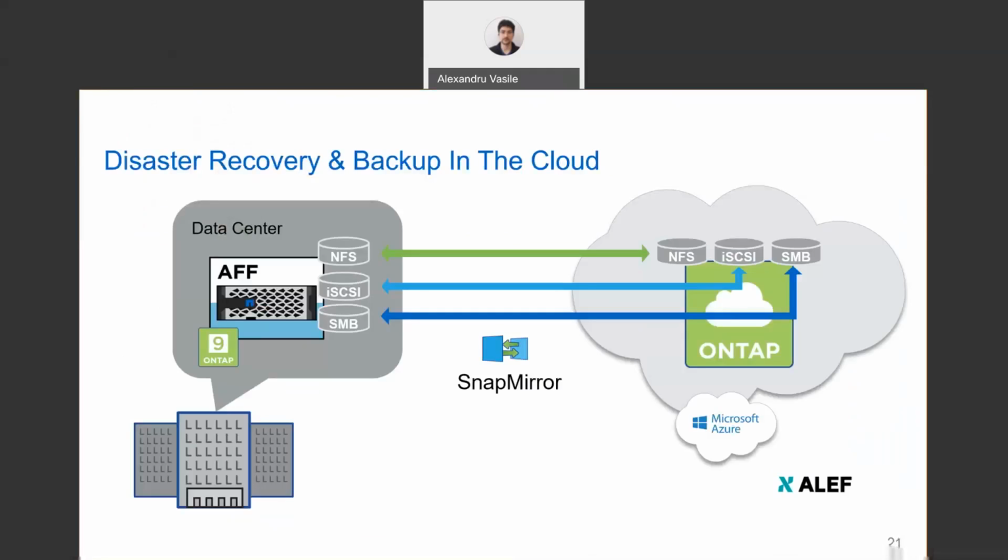That's how it looks, and that's how data is moved natively between on premises and the cloud using CVO. It's basically the same way you move data between different ONTAP devices that have a premium license.